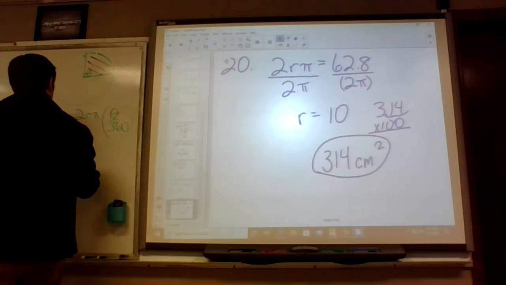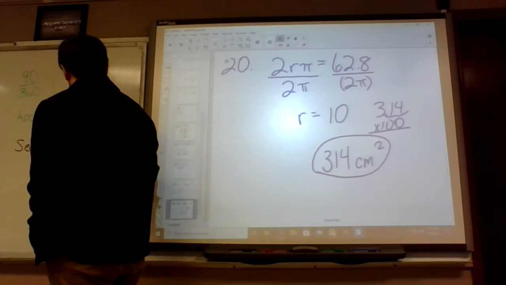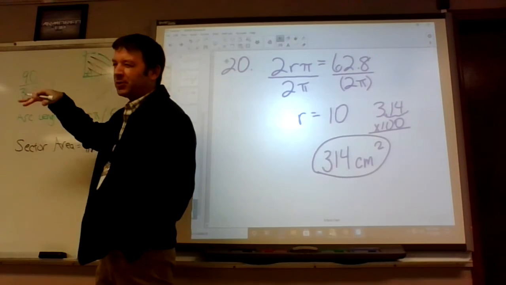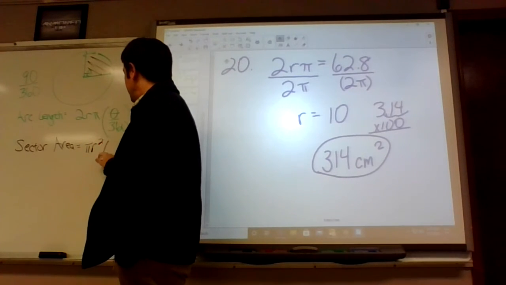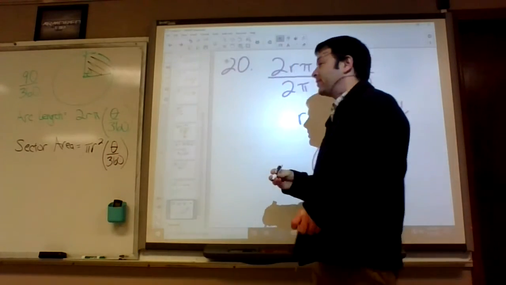So it's kind of the same thing. You do the circle area, pi r squared, and then if it's 90 degrees, you do that times 1/4, or if it's 50 degrees, you basically just do the angle out of 360 times the circle area. That's because that's what fraction you're using.